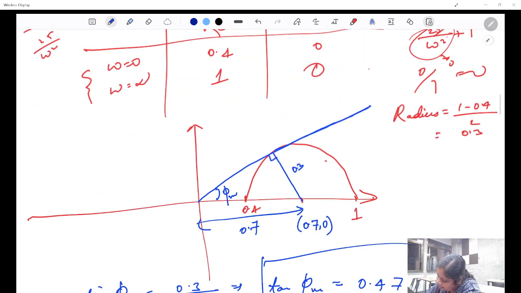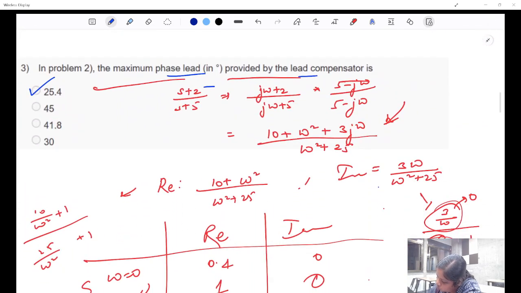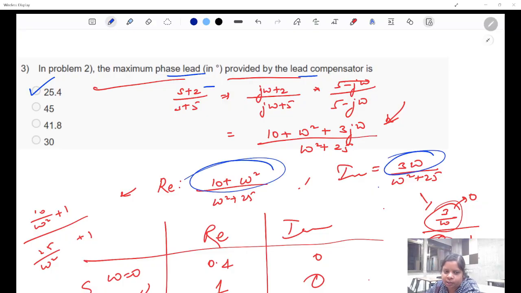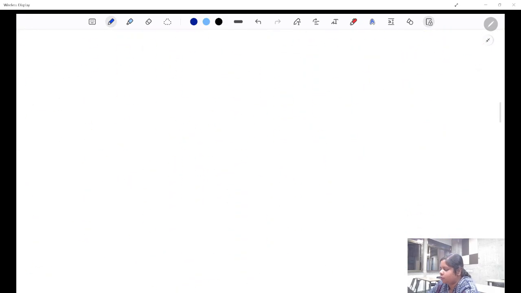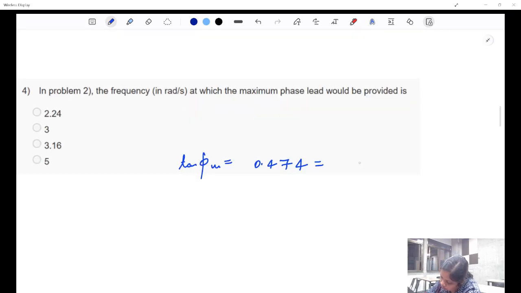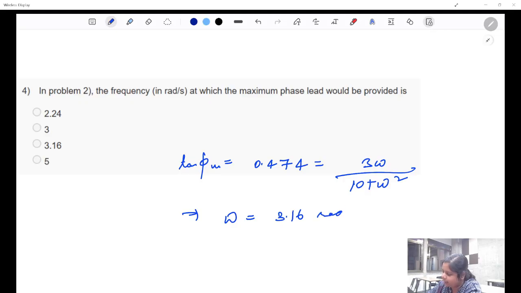From the last question, tan phi m is equal to 3 omega upon 10 plus omega square, because it will eventually lead to cancelling out of the denominator. From here, if you calculate the value of omega, you'll get it to be equal to 3.16 radian per second.